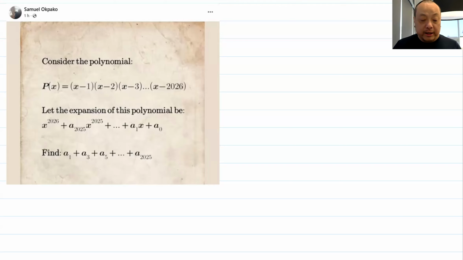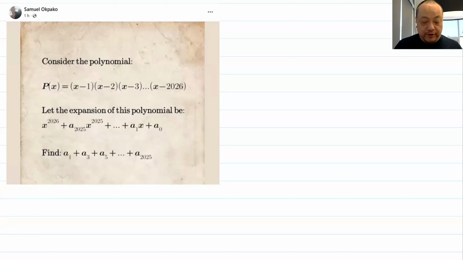It says, consider the polynomial p of x is equal to x minus 1 times x minus 2 times x minus 3 all the way up to x minus 2026. And then if we multiply out the polynomial, then we get it in the polynomial form of starting with x to the power 2026 plus, and then all the other terms have coefficients, a sub 2025 times x to the power of 2025, plus all the way down to a sub 1 times x plus a naught.